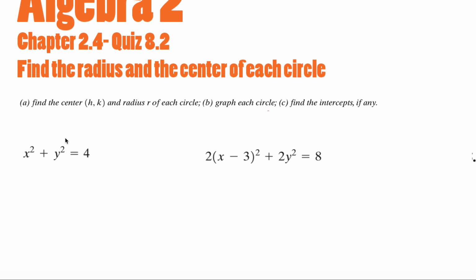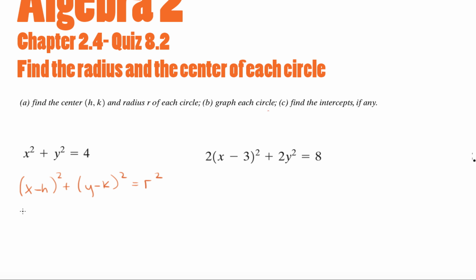Now, notice that the standard form of the equation of a circle is (x minus h) squared plus (y minus k) squared equals r squared. If you have x squared, what does that mean in terms of h?